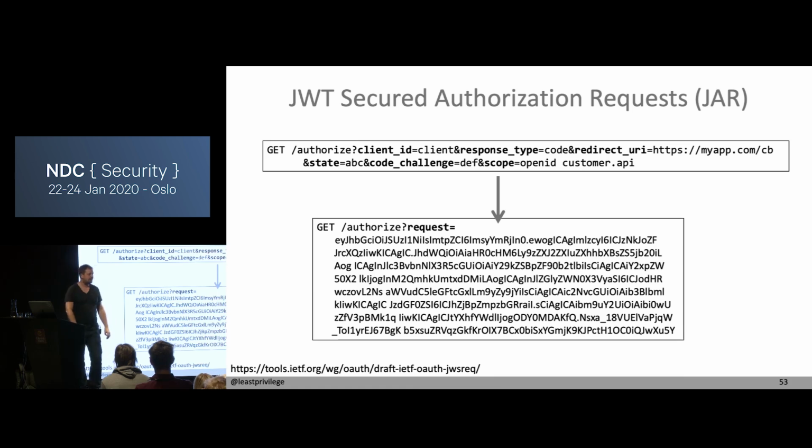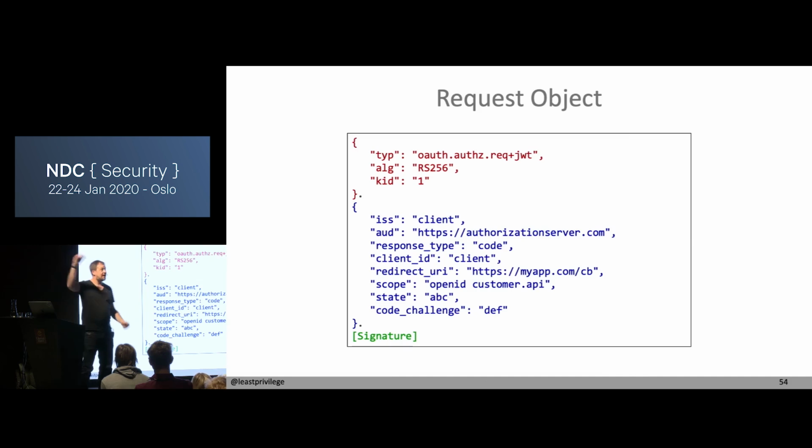What's that? It's a JSON Web Token, right? That contains all the parameters as if they would be on the query string, but they are signed, and you can't change them. Okay? And guess what? They have a type.